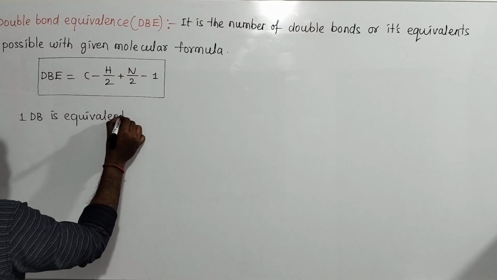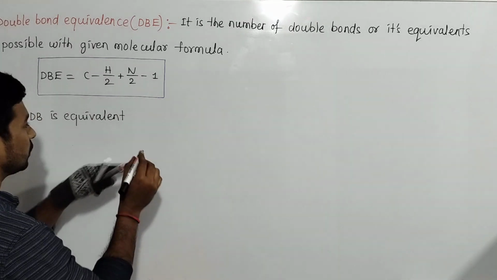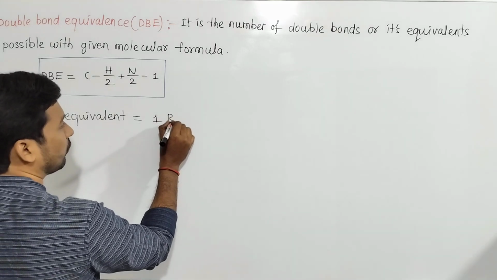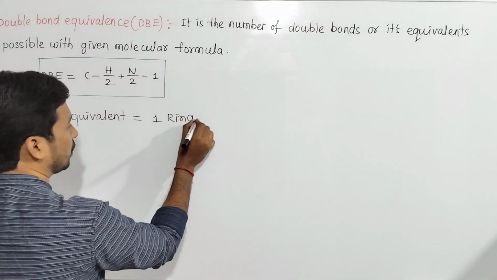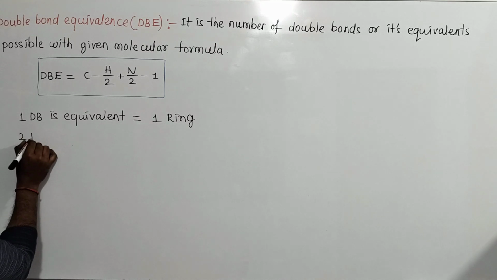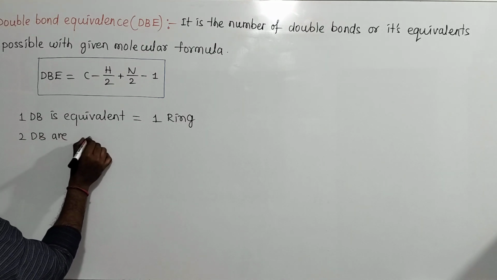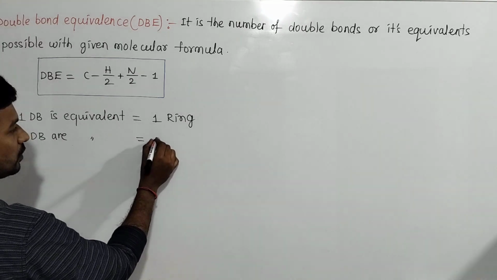One double bond is equivalent to one ring, one cyclic structure. Two double bonds are equivalent to two rings.